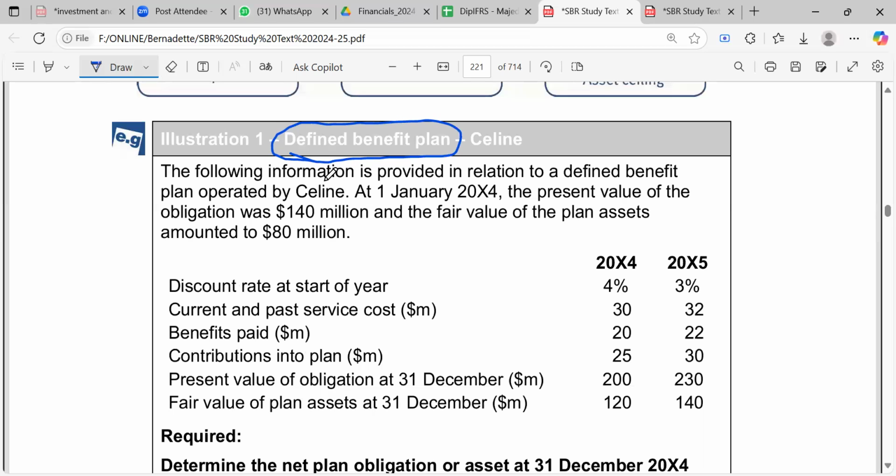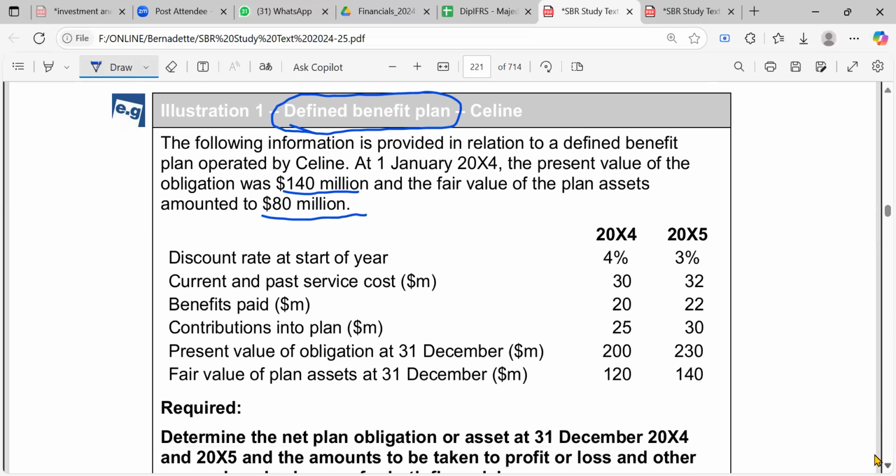So let's read this. The following information is provided in relation to a defined benefit plan operated by Celine. At 1st January 2024, the present value of the obligation was 140, and the fair value of the plan asset was 80. You can have a net plan asset or a net plan liability.